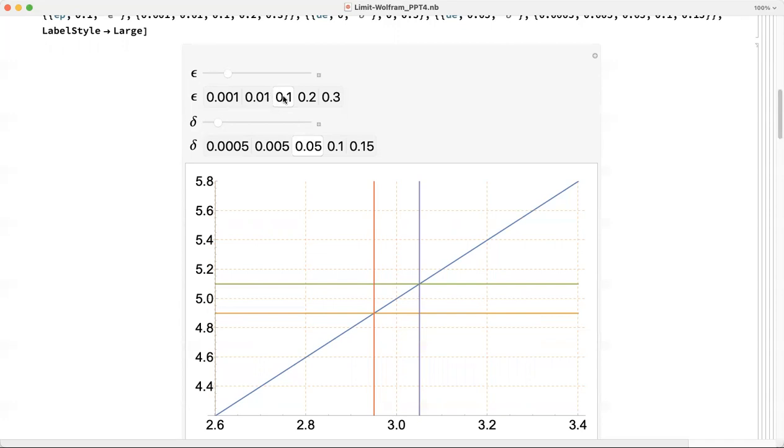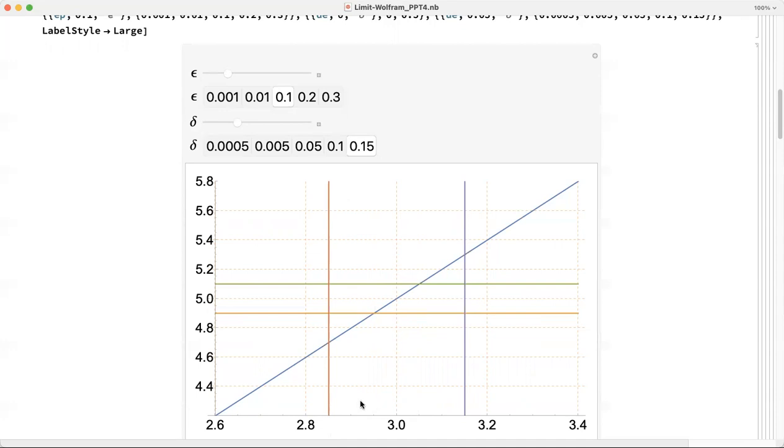When epsilon is 0.1, if we choose delta to be 0.5, then x can be any number between the two vertical lines.